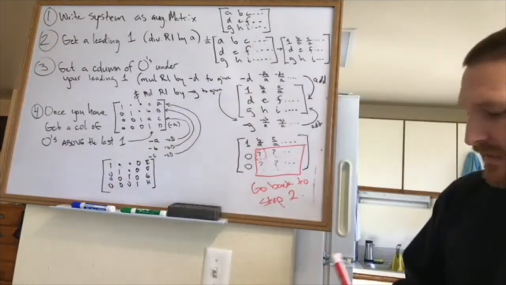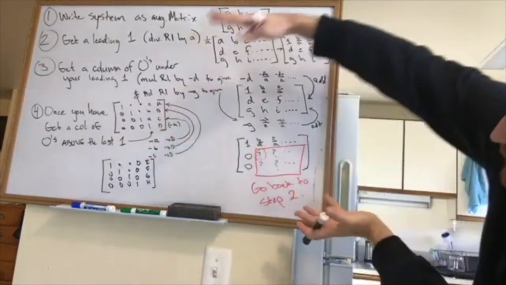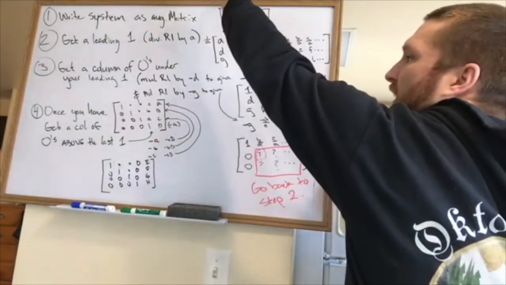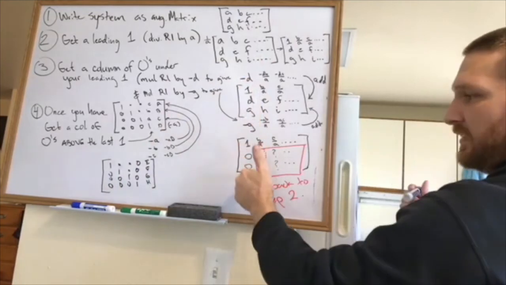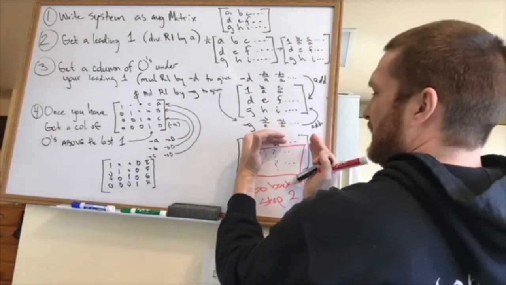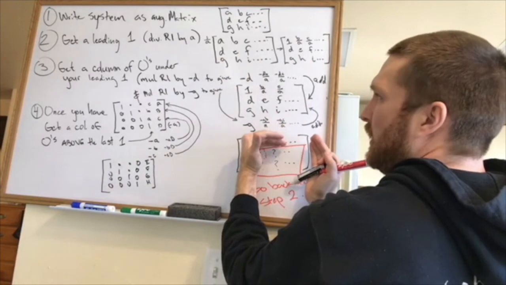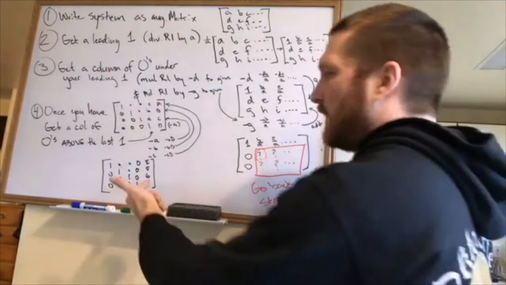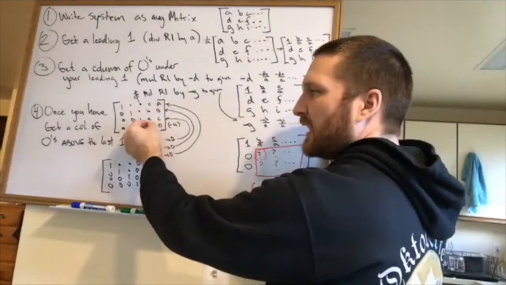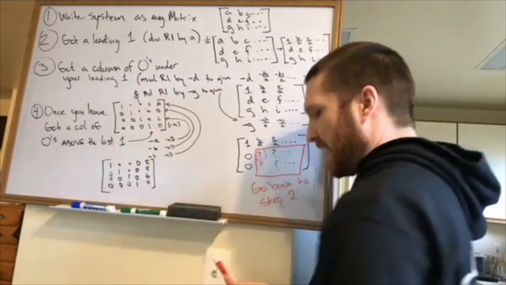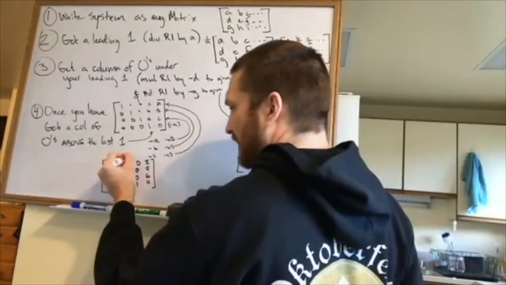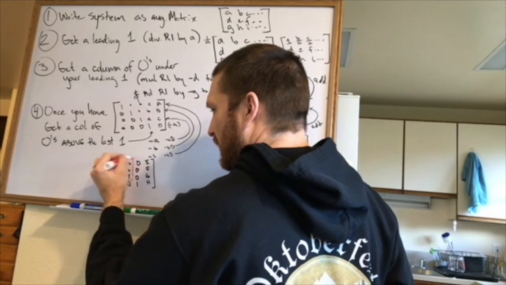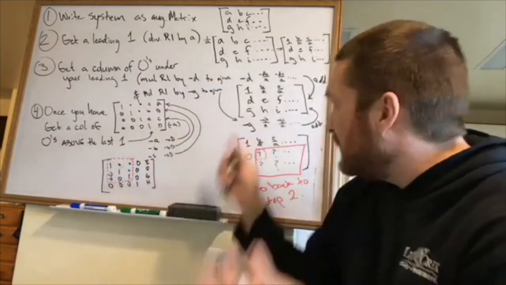It's kind of like we're just turning this problem upside down, right? In the first case, we turned that into a 1 and got zeros beneath it. And then we said, this is kind of like a new problem, and we could use the same method to get rid of that. Well, this is what we're doing here. Now we started here and got zeros above that guy, and this is the same thing, as though we were in that situation.